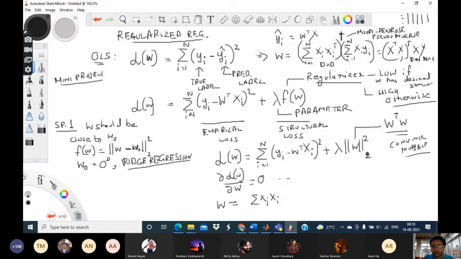You don't need to look upon it this way, you can look upon it the other way also. Now if we consider ridge regression, then the expression you get for it is very much similar.